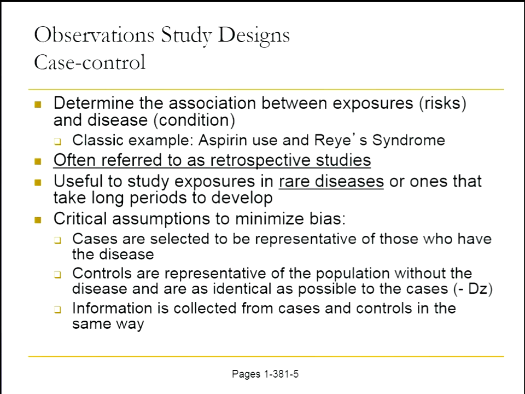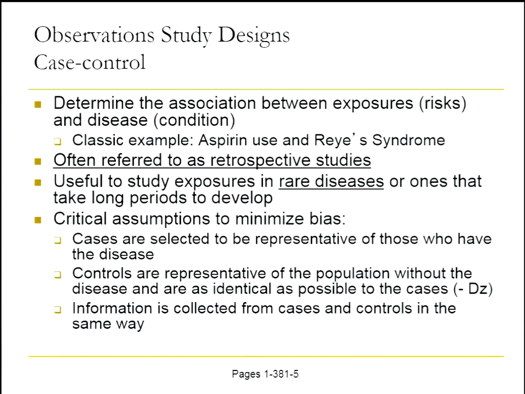All right, so case control studies first. So these studies determine the association between exposure and disease. And the classic example of this, whether you agree or disagree with the findings of this study, and for some of you it's way in your past, it's the association between aspirin use and Reye's syndrome in kids.